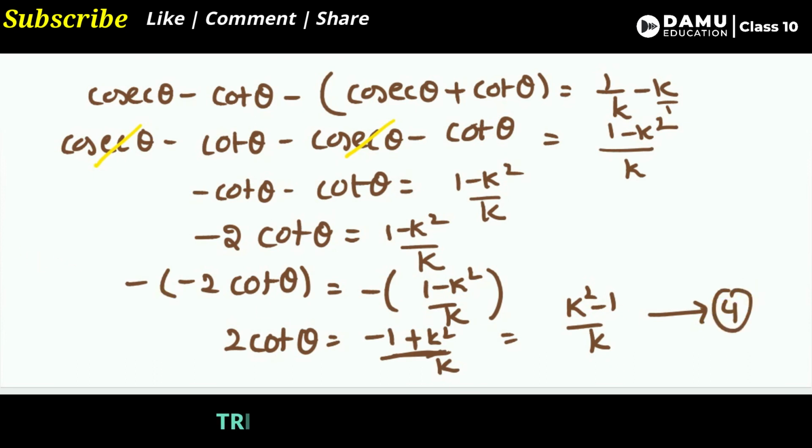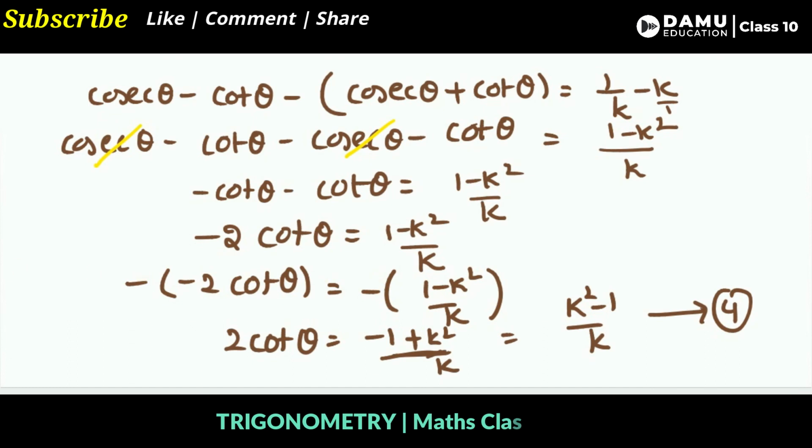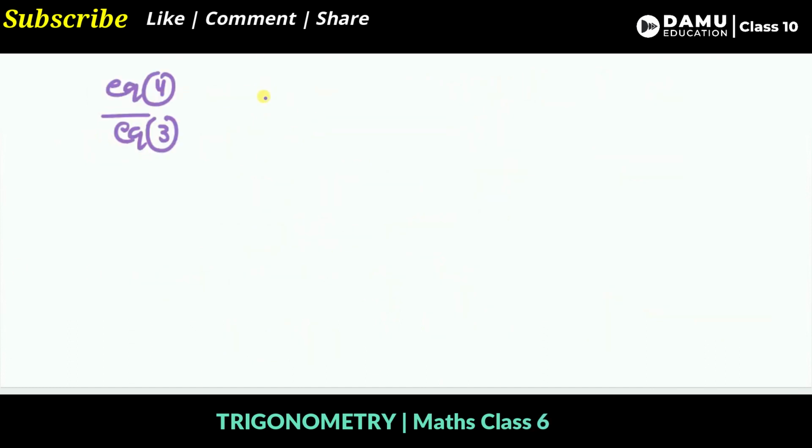What we need to do is divide equation 4 by equation 3. Equation 4 is 2 cot theta and equation 3 is 2 cosecant theta.